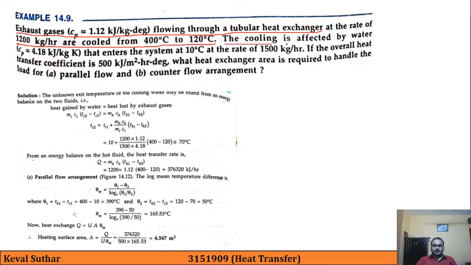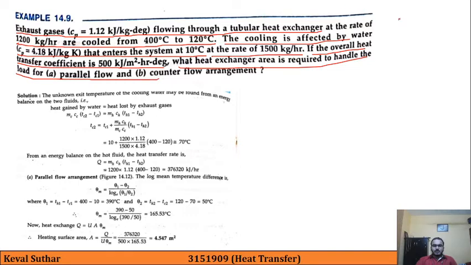The cooling is effected by water that enters the system at 10 degrees Celsius and leaves at the rate of 1500 kg per hour. If the overall heat transfer coefficient is 500 kilojoule per meter square hour degree, what heat exchanger area is required to handle the load? The first case is parallel flow and the second case is counter flow.